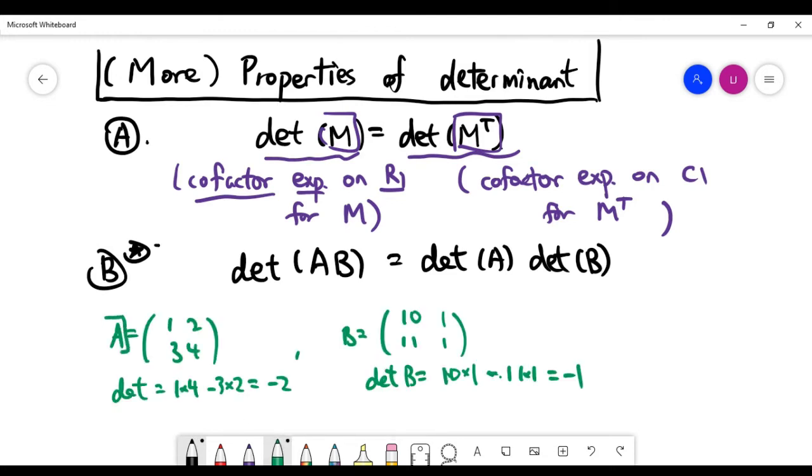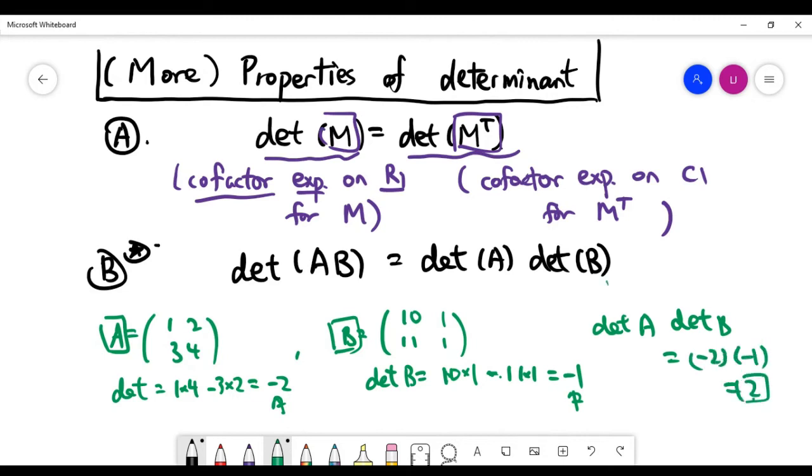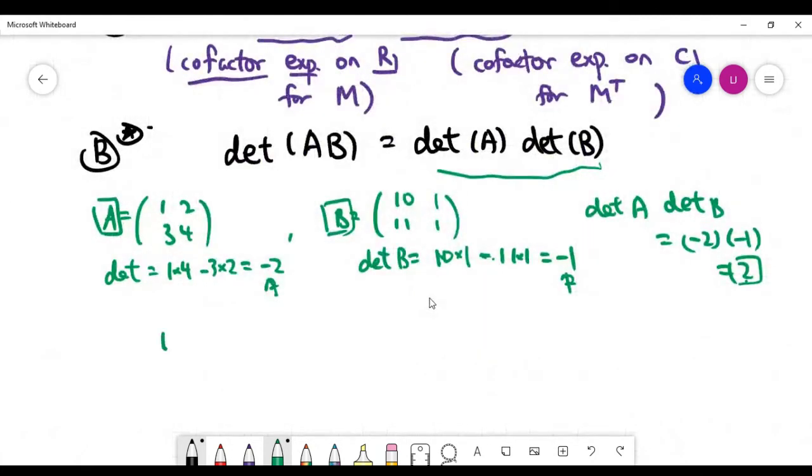So let's say now I'm giving you two matrices A and B, and we can find the determinant values pretty quickly. We understand that the product of determinant A times determinant B is going to be -2 times -1, which is 2, right? And that is the answer for the right-hand side. Let's confirm the formula is true. Let's look at the left-hand side, which is the determinant of the product AB.